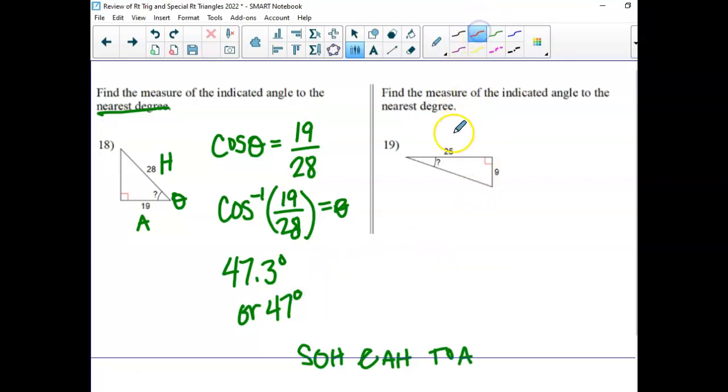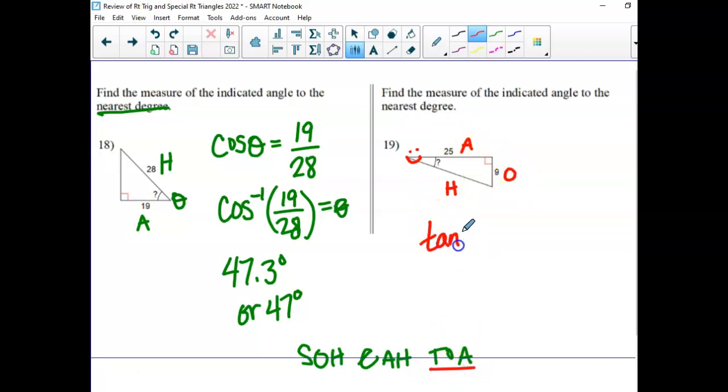All right, find the measure of the indicated angle here. So from this angle, we have opposite and adjacent. We don't know anything about the hypotenuse here, right? Which one uses O and A? Tangent.